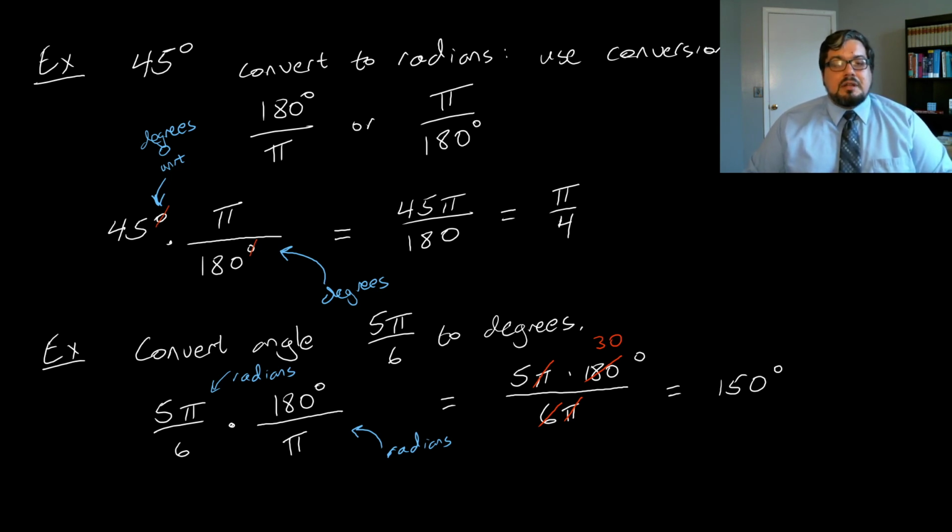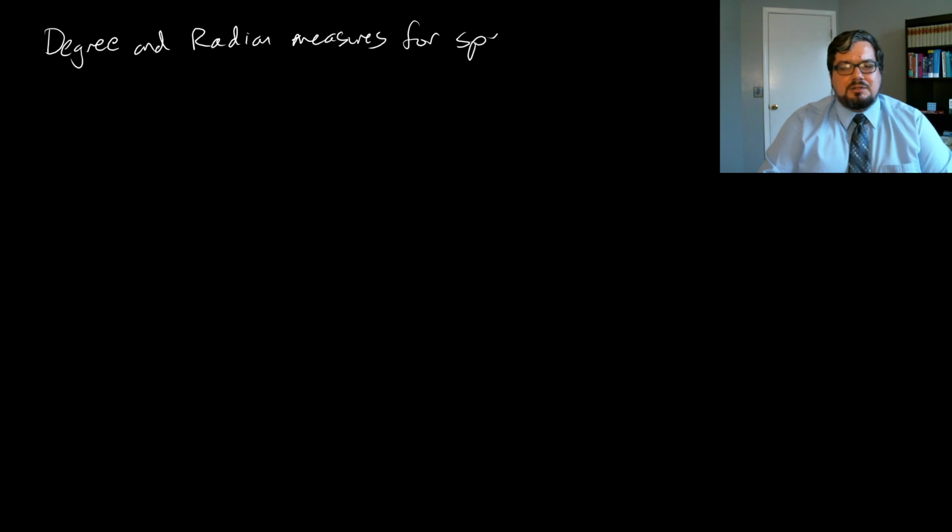Now, certain angles are going to wind up being very, very important to us throughout the rest of the course, and so we'll want to know their degree and radian measures often. So next I want to get some degree and radian measures for special angles.